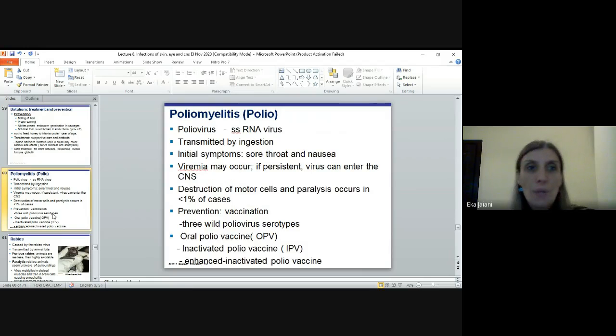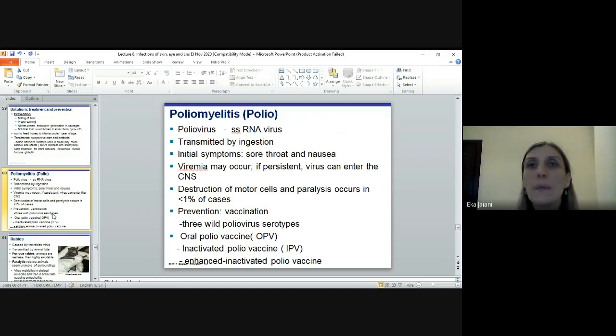Now, viral infections of the CNS. Poliomyelitis, polio, caused by the poliovirus, was a huge problem in the past. But nowadays, we have a very successful vaccination program, and in the developed countries, there is no poliomyelitis disease.